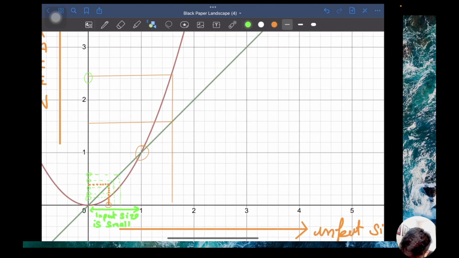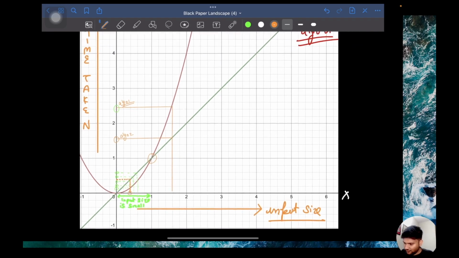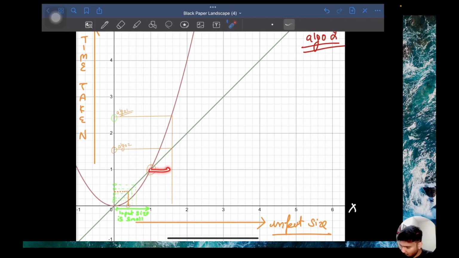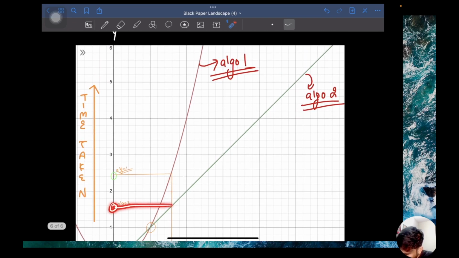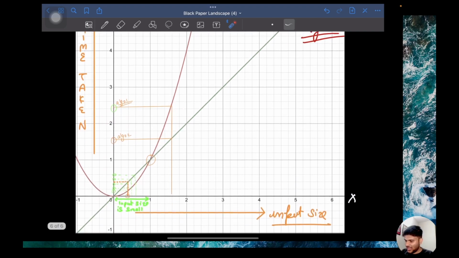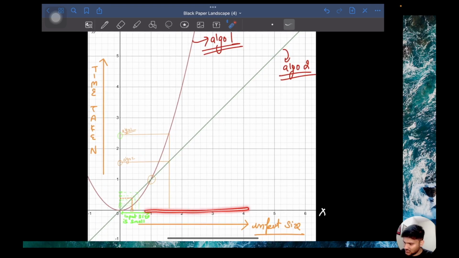So this is for algorithm 1, this is for algorithm 2. Can you see? When the size of the input went beyond the threshold, your green line, algorithm 2, is working faster than algorithm 1. Can you see? So as soon as you are increasing the size of the input, your algorithm 1 is performing worse and algorithm 2 is performing better.